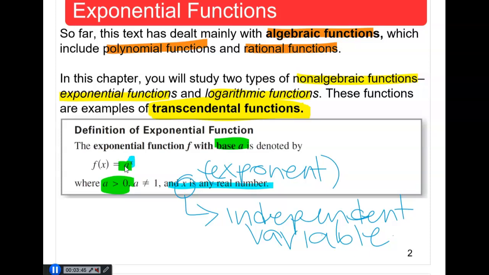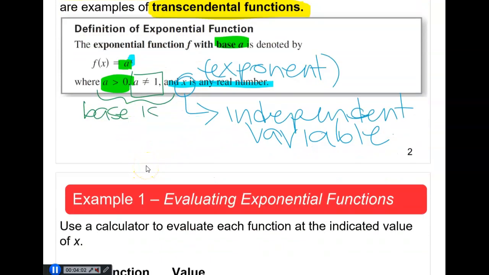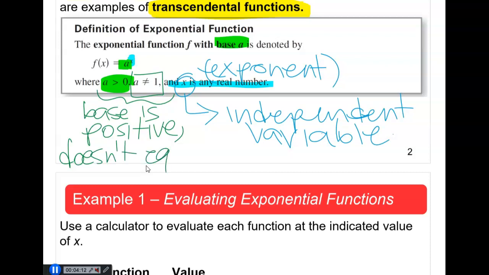Now, we also need to point out that the base cannot equal 1, and I will show you why in a minute. So the base must be positive and also does not equal one.